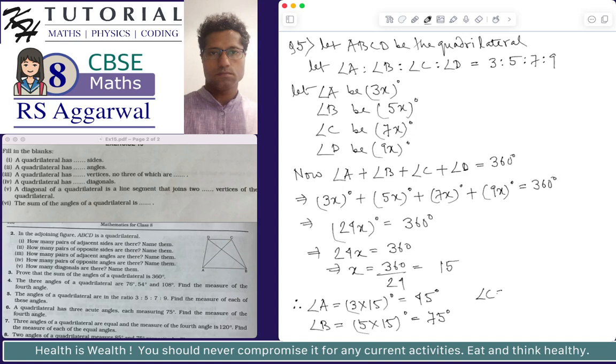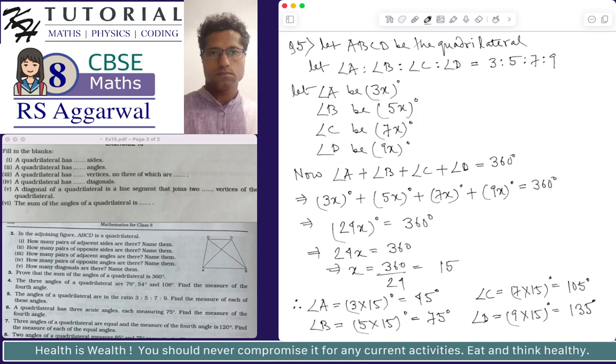Angle C is equal to 7x, which means 7 into 15 degree, equal to 105 degree. And angle D is equal to 9x, that is 9 into 15 degree, and this is equal to 135 degree. So the angles are 45 degree, 75, 105 and 135.